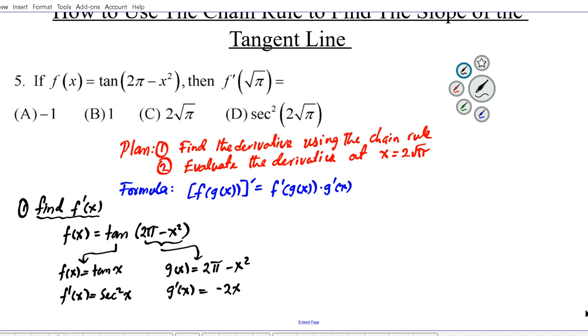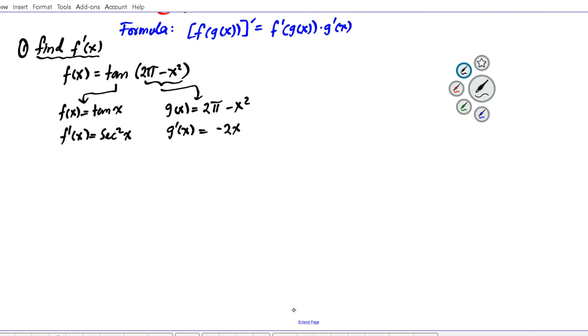Now let's proceed. So the derivative of our function, f prime of x. To do that, we're just going to carry out the following procedure: derivative of the outer evaluated at the inner, so we're going to take the inner function and plug it into the derivative of the outer function and multiply that by the derivative of the inner. Okay, so let's do it.